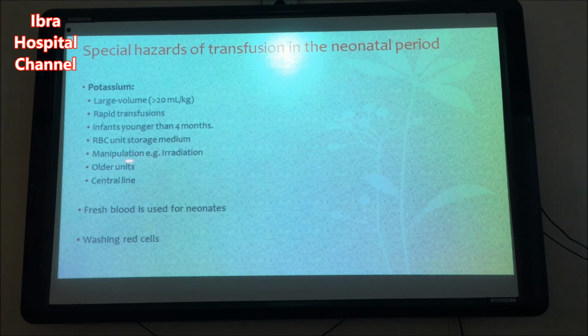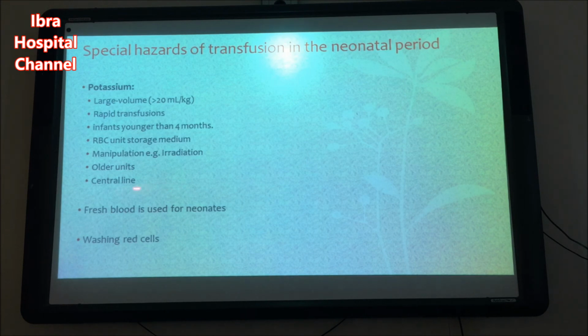If there is also irradiation, which you need to do sometimes for the units, especially if the baby received intrauterine transfusion, then irradiation is also very well known to cause more disturbance to the red cell membrane and even more leakage of potassium. Units that are stored for more than 2 weeks have more risk of potassium leakage.